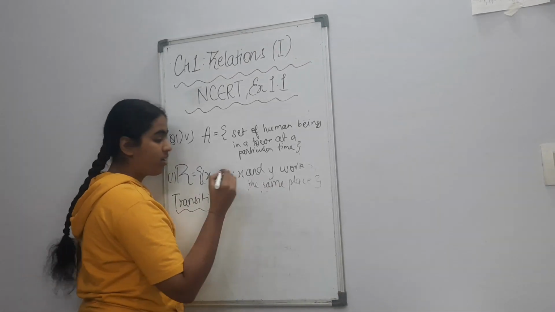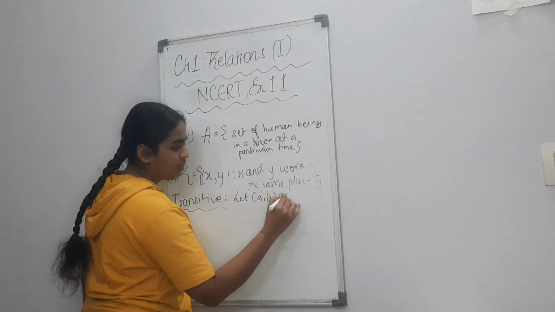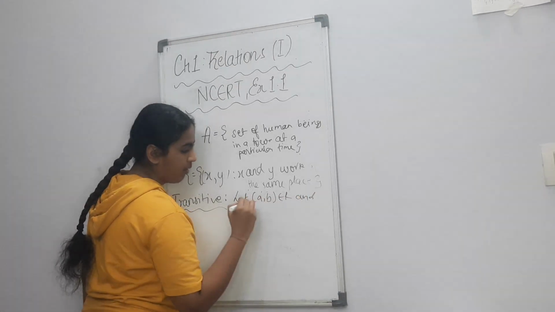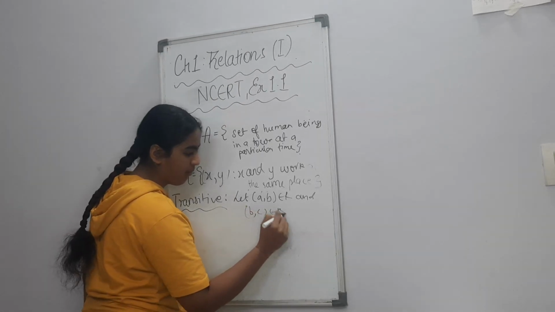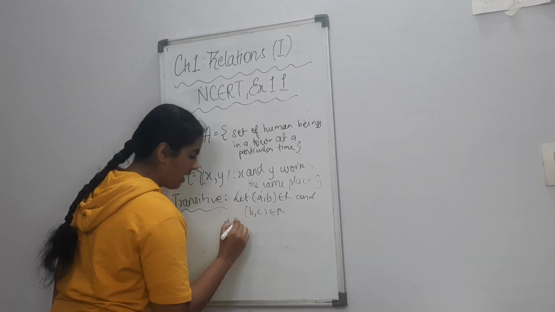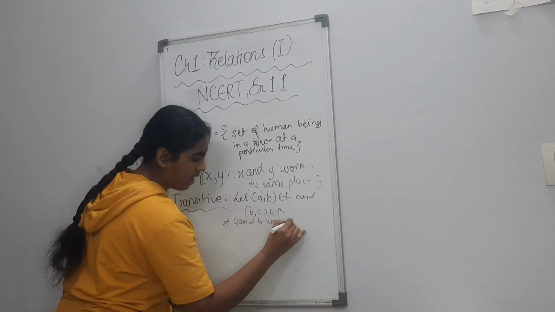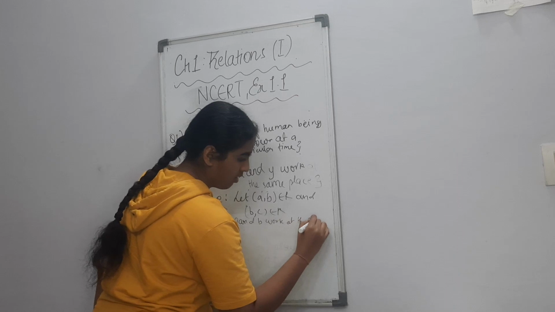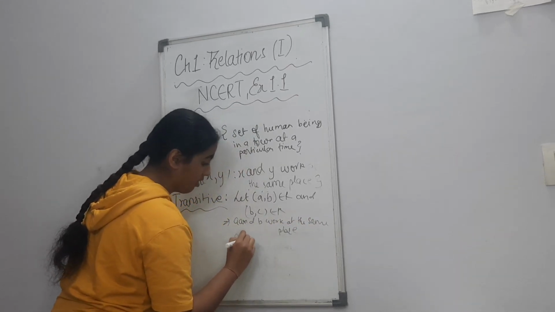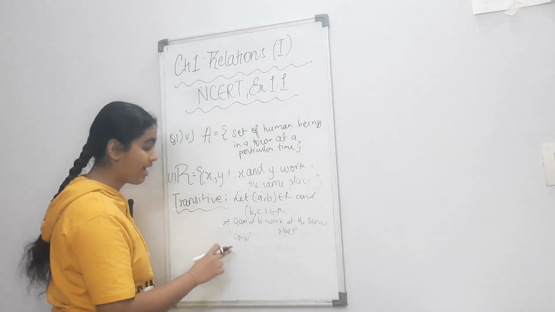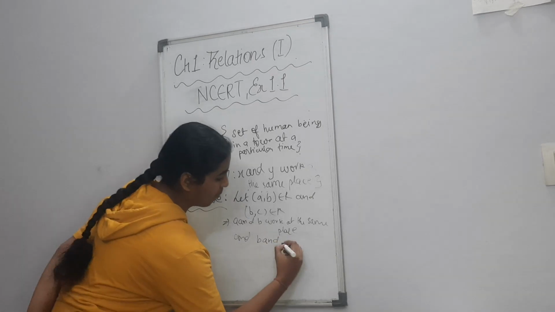Transitive: let (A, B) belong to R and (B, C) belong to R. Then this implies that A and B work at the same place, and B and C work at the same place.